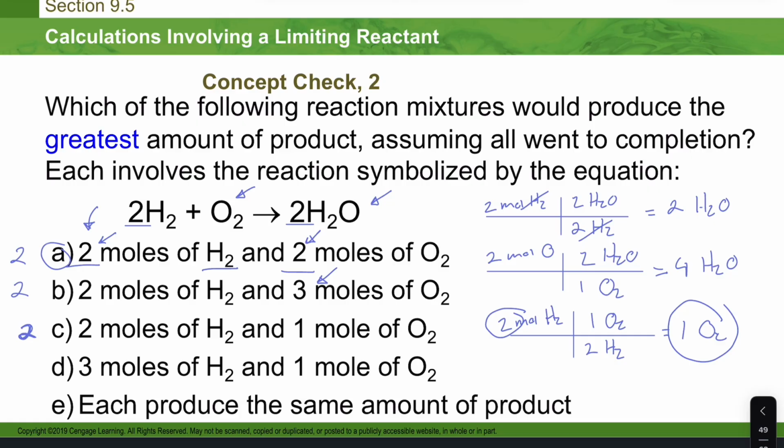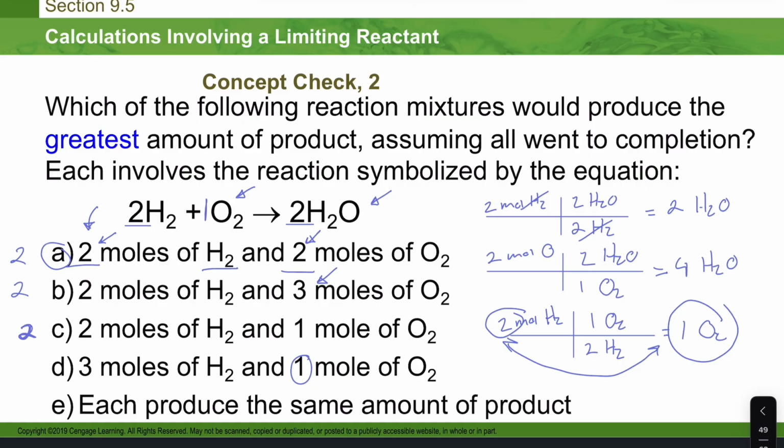Now, the ratio is 2 to 1 here. So I need 1 mole of O2 and 2 moles of H2. However, I have 3 moles of H2, which means O2 is my new limiting reagent.